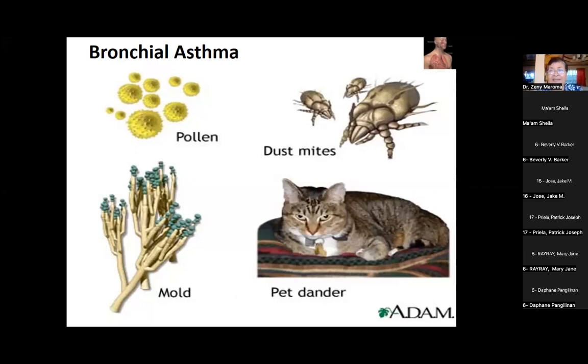Mga imported, no? Natapos nasaan sila? Nasa loob ng bahay, nasa loob ng kwarto, kasama sa pagtulog, yakap-yakap. Okay? Buti kung wala kang allergy sa alaga mong hayop. Pero prevention is the pets should be outside home.